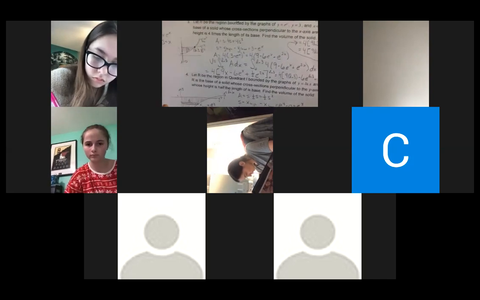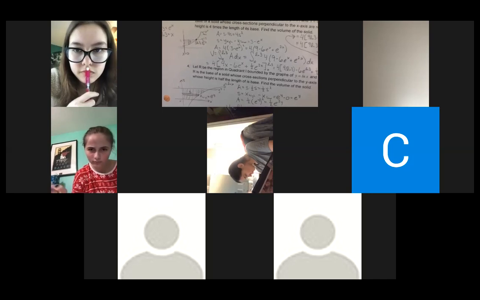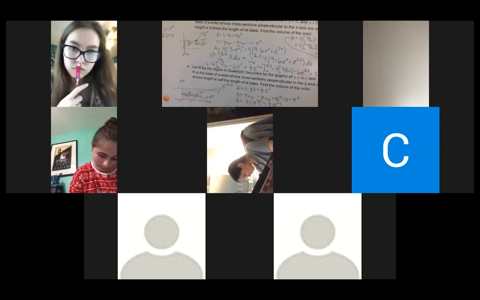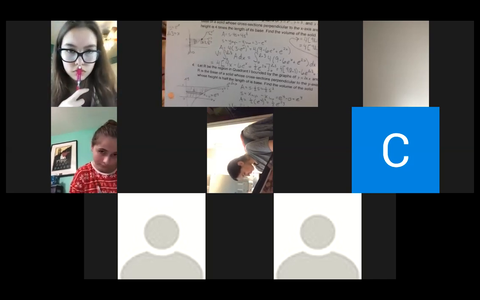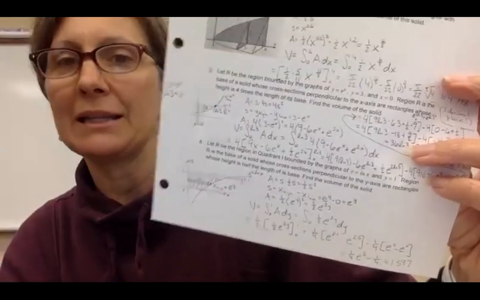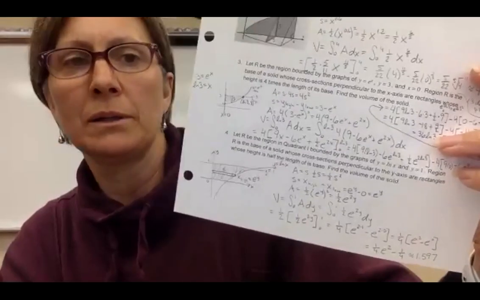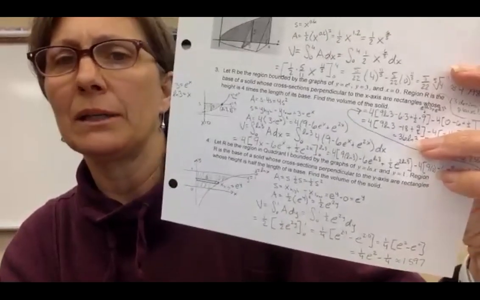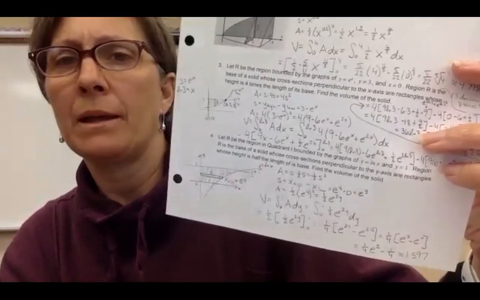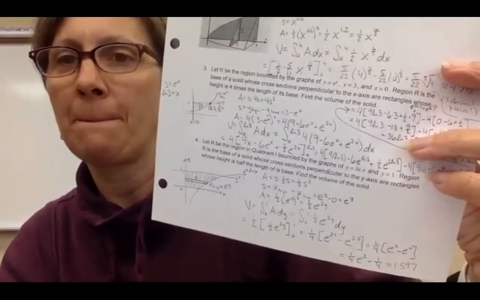Because this one is a dx problem, everything needs to be in terms of x, and so we've got the function. I can't see what I've written there, so I'm trying to see myself a little bit bigger. I don't know what I'm doing here. And all I see is Sophia right now.